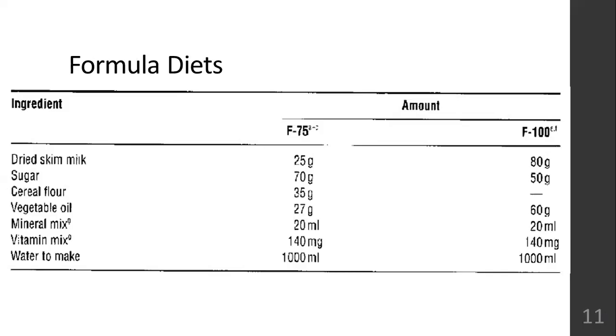Then coming to the dietary treatments, we have formula diets like F75, F100. So these are formula diets, okay? So F75 can give you 75 kilocalories per packet. F100 will give you 100 kilocalories. That's why it is called F75 and F100.